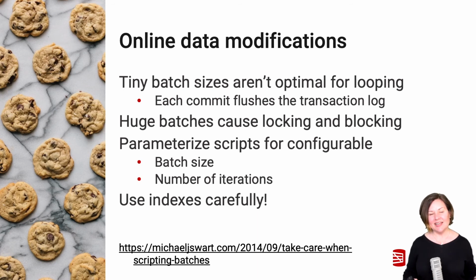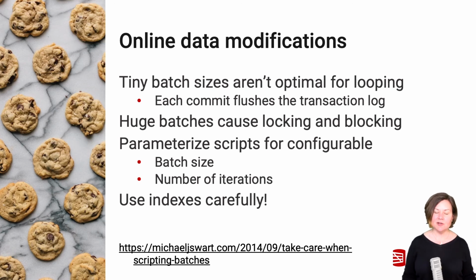The way I like to handle this is when you're writing a script that needs to do a bunch of data modifications, set it up to do a loop, and make the batch size configurable with parameters, and make the number of iterations configurable with parameters.